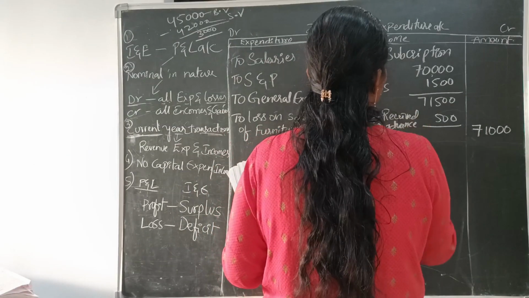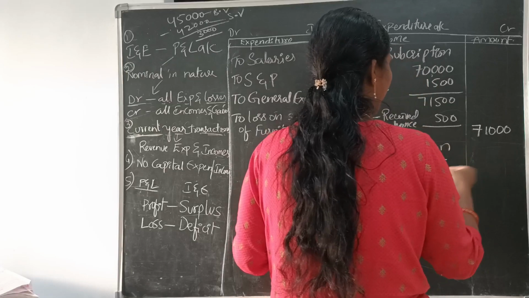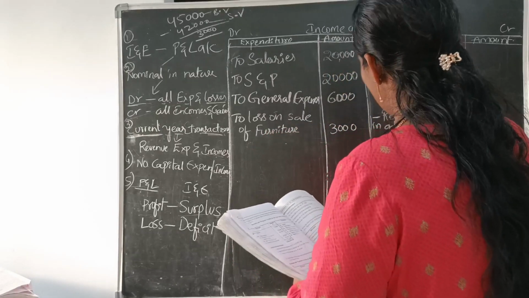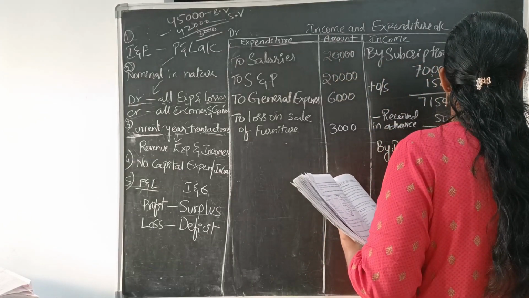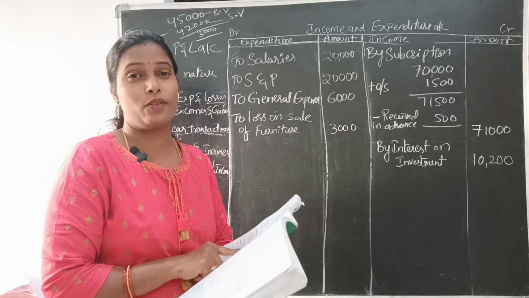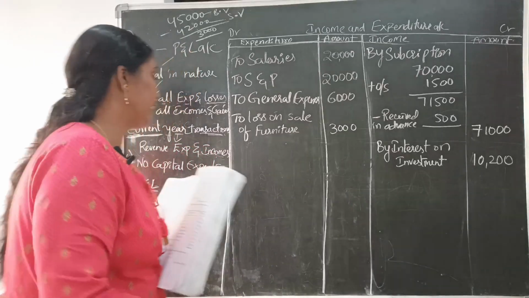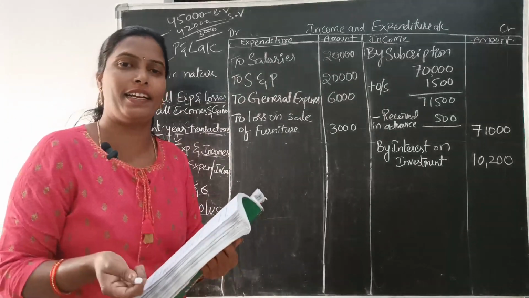This is income, revenue income, a recurring revenue. So we'll post it on the income side, 10,200. In the income and expenditure account, only take revenue expenses, revenue incomes, recurring expenses and recurring incomes.